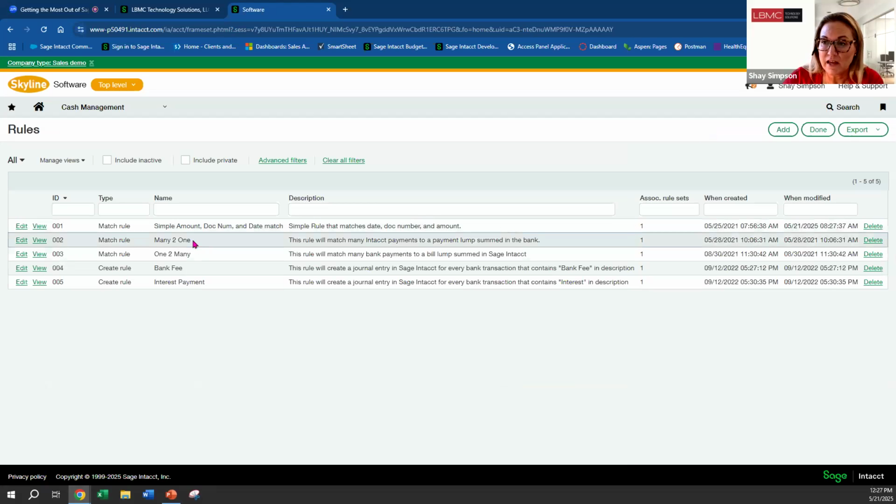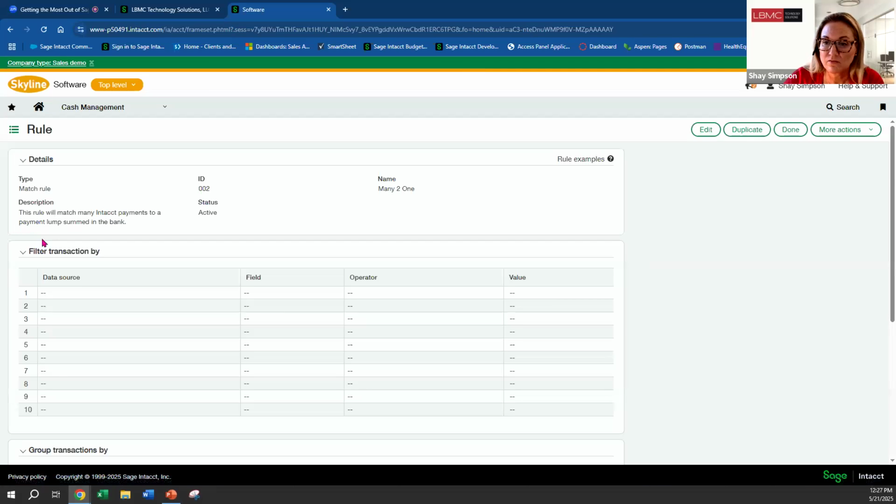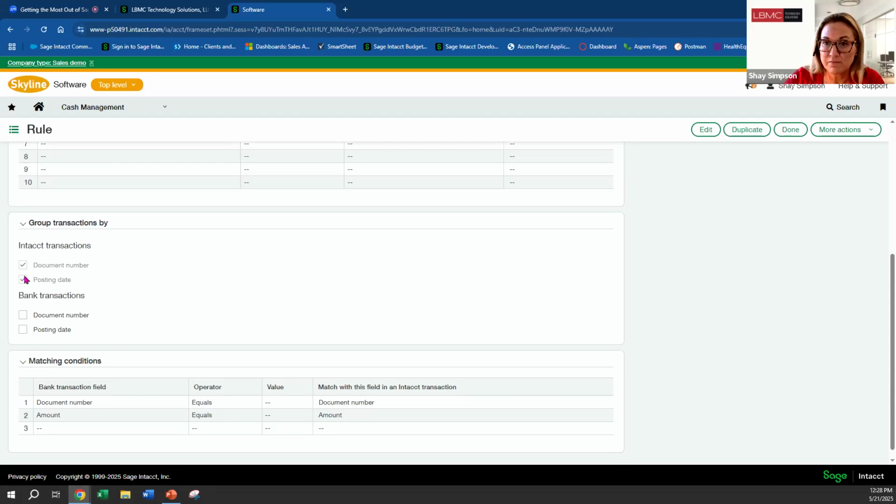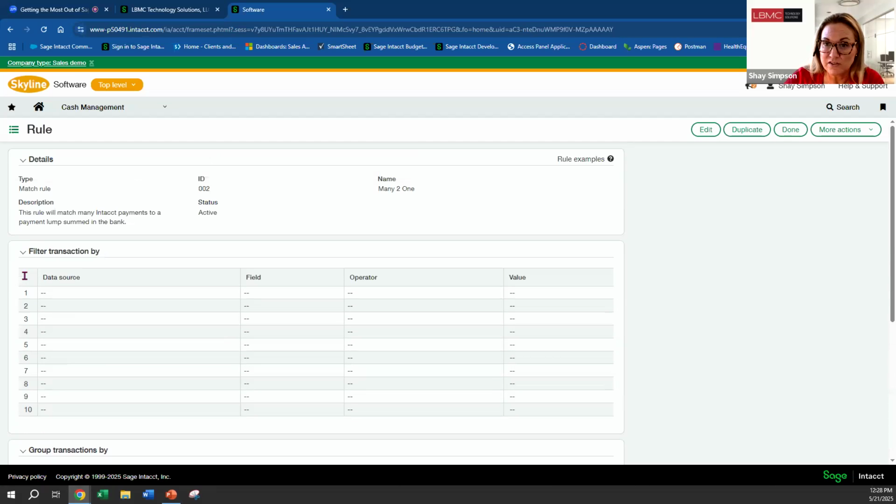This is many Intacct payments to a payment lump sum on the bank. So in other words, I want to group those document numbers in Intacct, and I want to group those posting dates in Intacct. That's an example of being able to set those up for that many to one relationship.